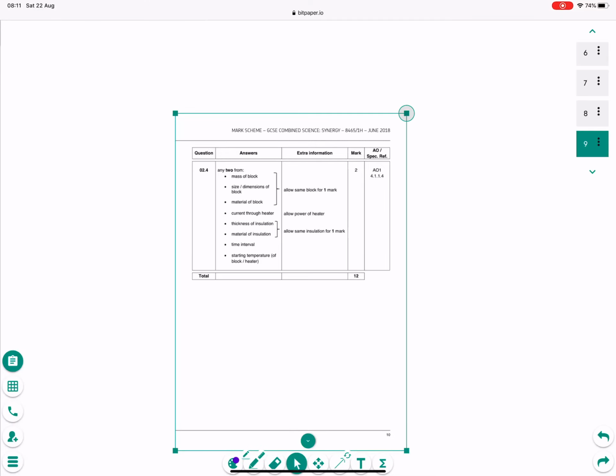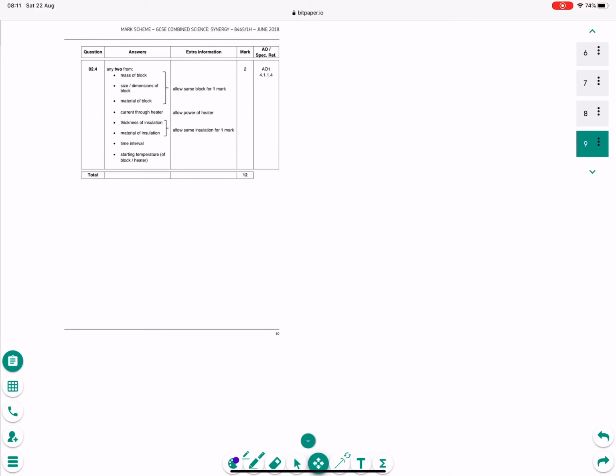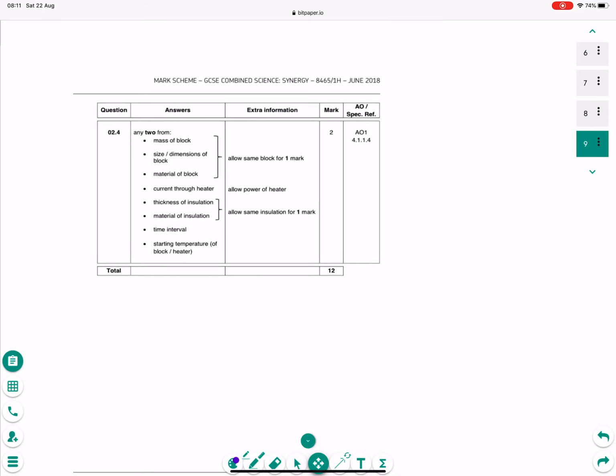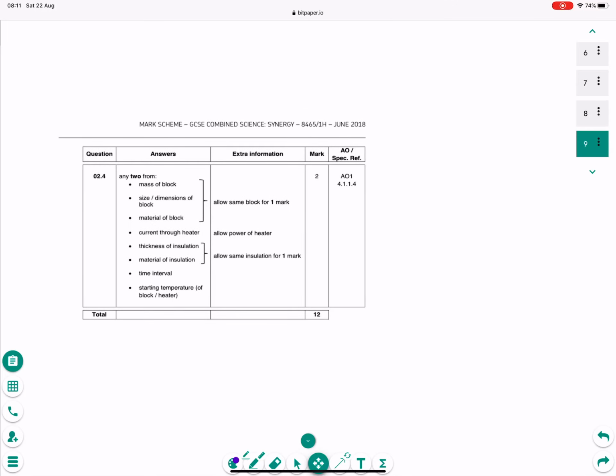So there's a whole bunch of stuff here potentially you can have. Hopefully you got mine on there. Quick look. Mass of the block, size, dimension, yeah, same block, current, power, thickness of insulation, time interval, starting temperature, blah, blah, blah. Right, okay.